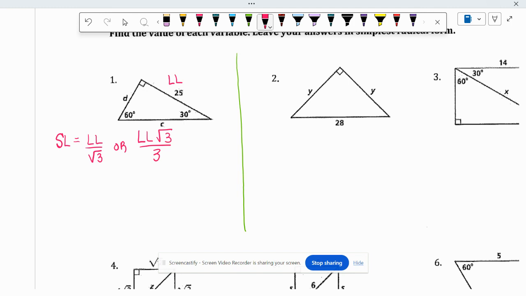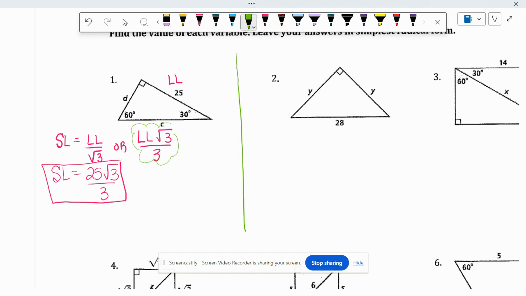And they cancel out. So which one of those steps am I going to use? Yeah, I need to use the second one. So the short leg equals the long leg, which is 25 times the square root of 3 over 3. And you cannot simplify that. That has to be left as this ugly fraction.